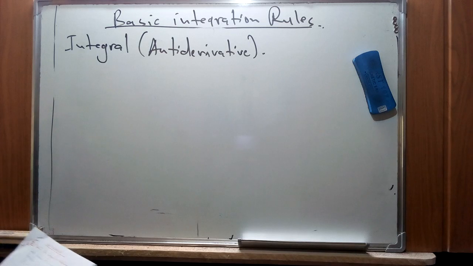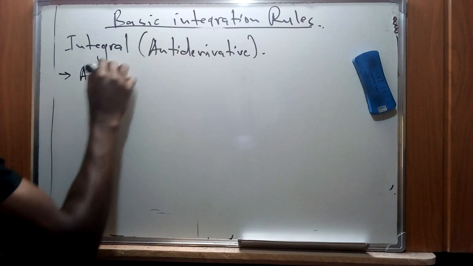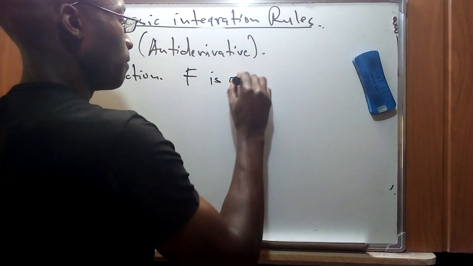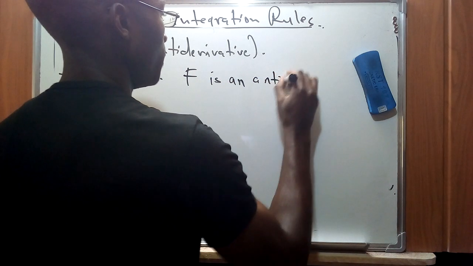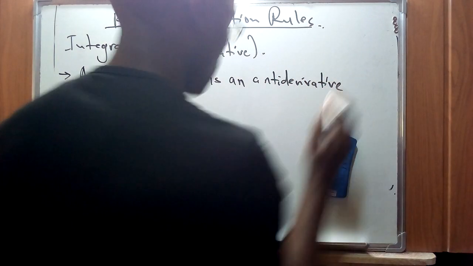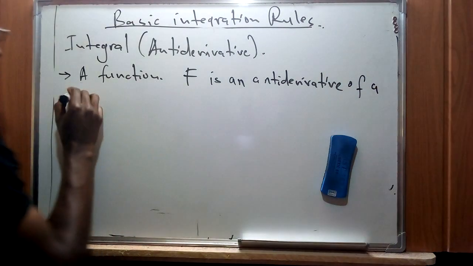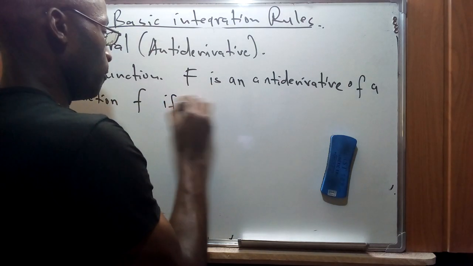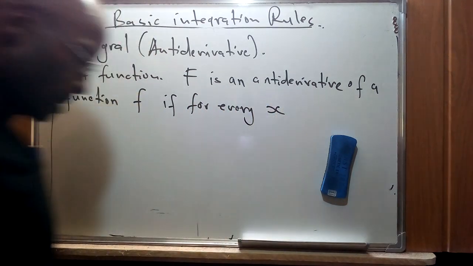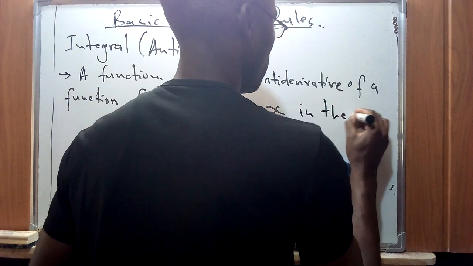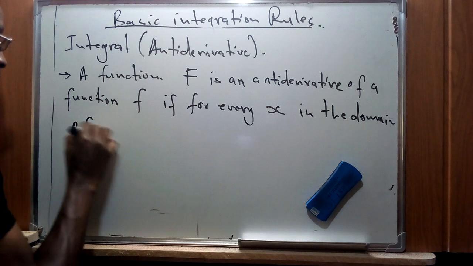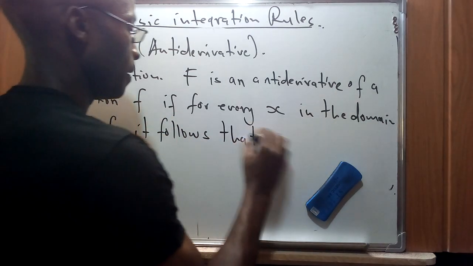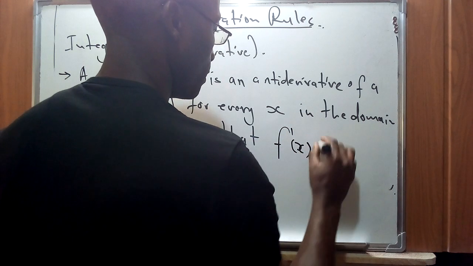So a function F, that is capital F, is an integral or an antiderivative of a function f if for every x in the domain of f, it follows that the derivative F prime of x equals f(x).